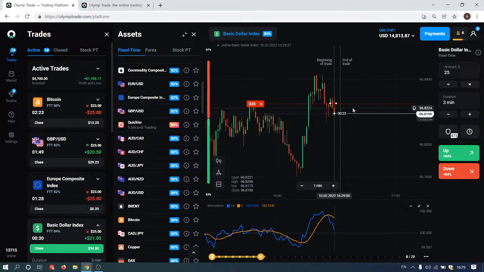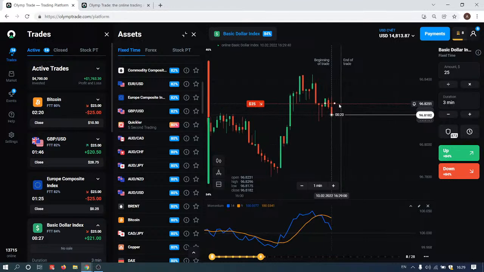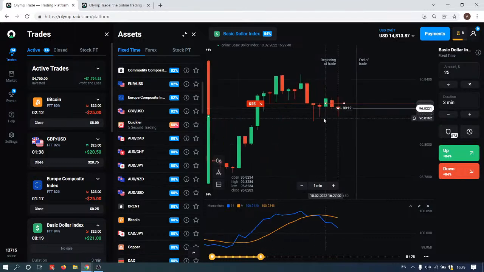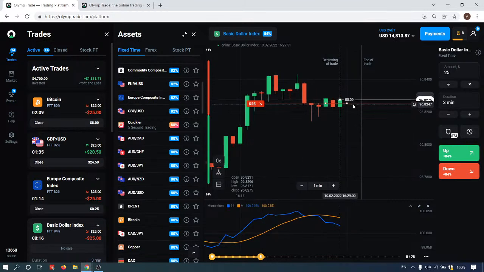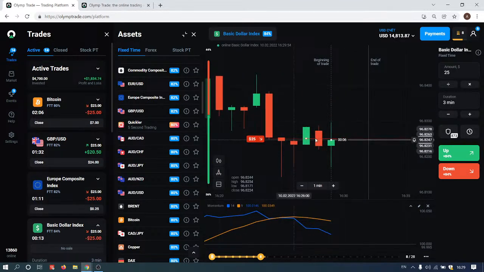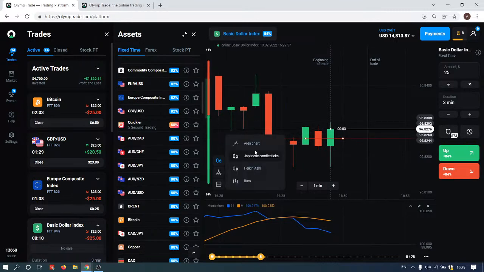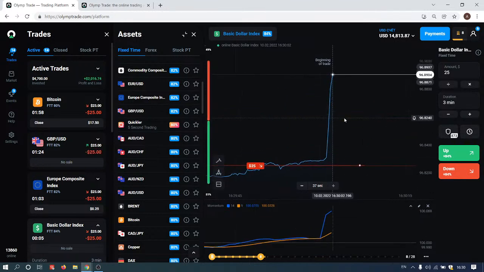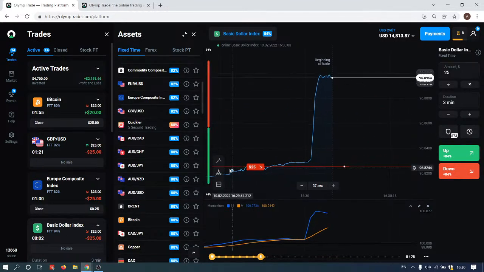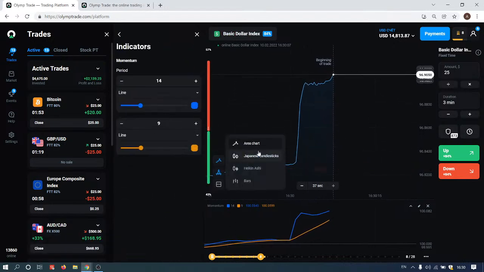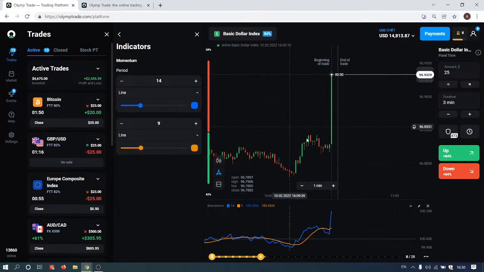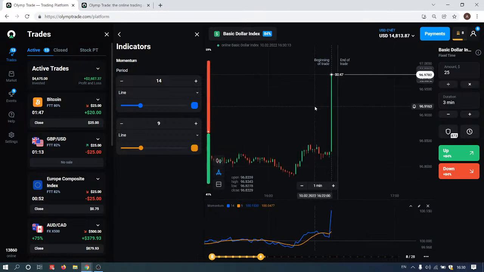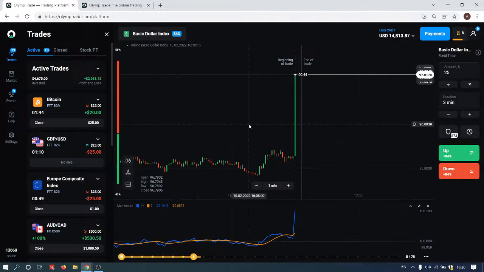So this trade on basic dollar index, we have 28 seconds to go on this one, and yeah, so waiting for that. So let me go ahead and switch to area chart just to. Oh wow, what's happening? Why did this reversal just come out of nowhere? So 16th. All right, so the US market's opening and some news probably been published.